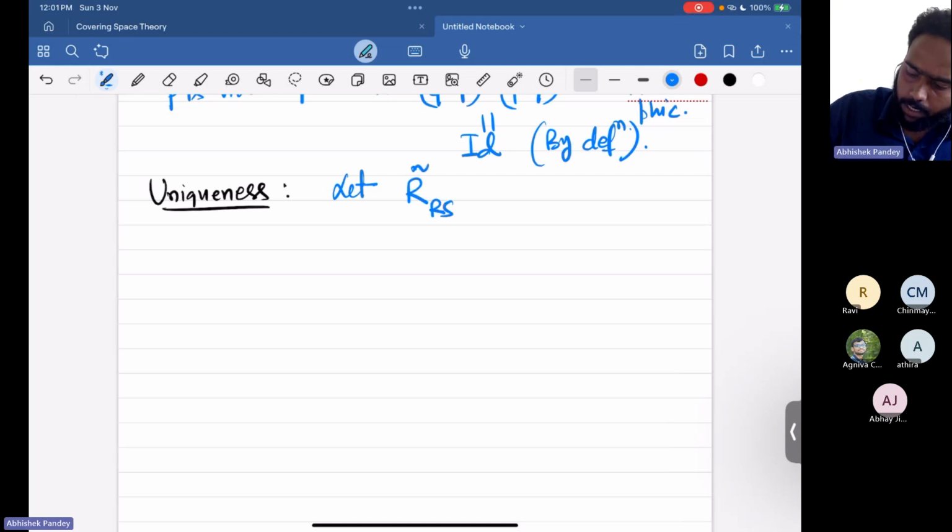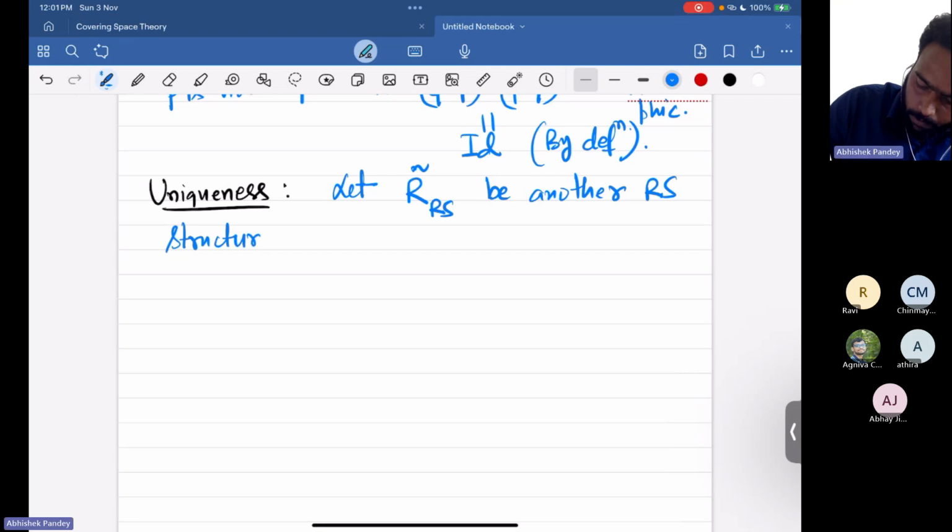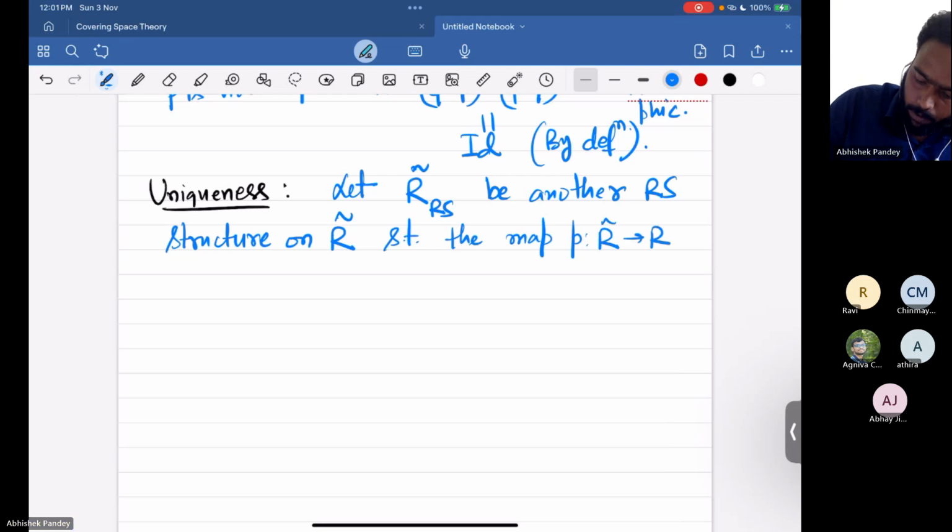Let R tilde S be another Riemann surface structure on R tilde such that this covering map P from R tilde to R is holomorphic.